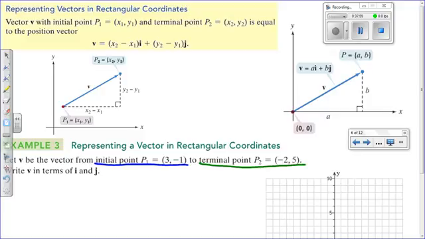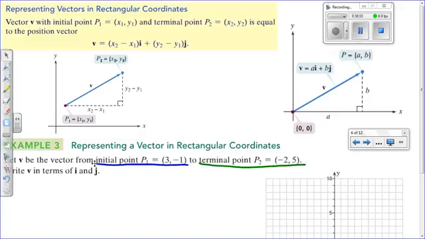And here's a very good example of a vector that is not at the origin, but here is how they were able to make that happen, okay? The vector has the same magnitude and the same direction. It was just that the initial point was shifted.